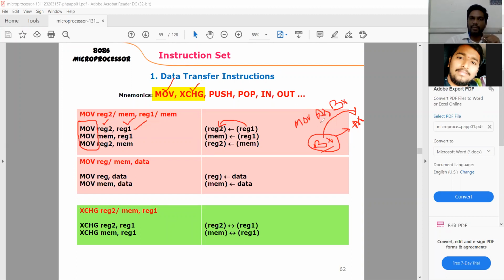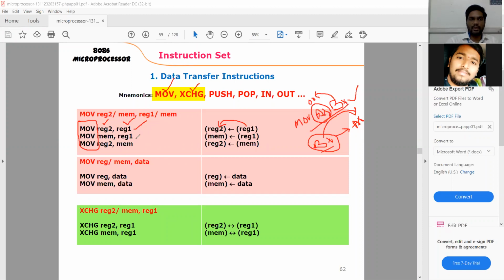That means if AX is containing some value like 00, it will be replaced by the data that is present in the BX register. The data in the BX register will be copied into the AX register. That is the meaning of this instruction.